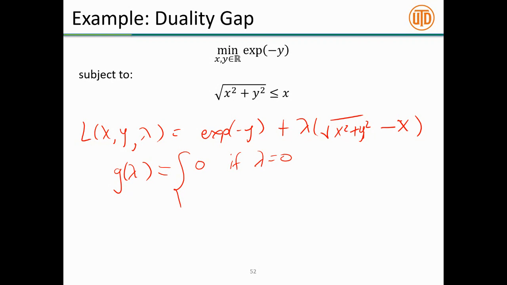Square root of x squared plus y squared minus x has to be greater than or equal to 0. And the first term has to be greater than or equal to 0 too, right? The question is just where does the minimum actually occur?